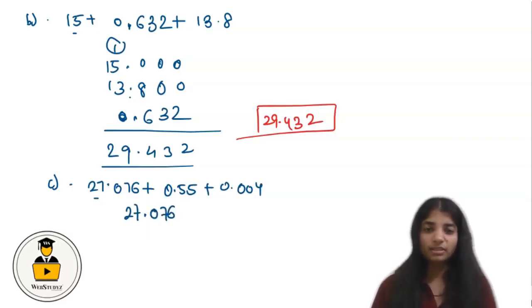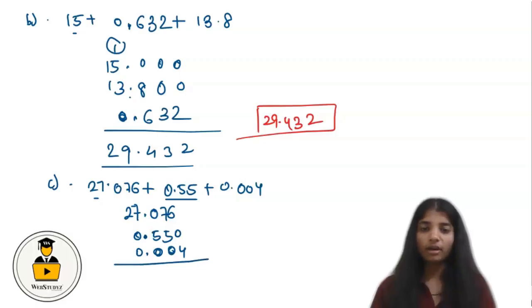As we just discussed, we have to keep in mind that the points must always be in the same position. So here is the point. The next term's point, that is 0.55, must be below that point. And next is 0.004. We can add whatever zeros we need after the decimal.